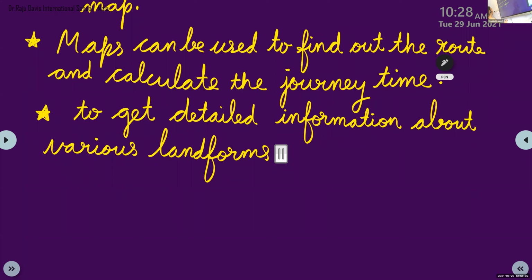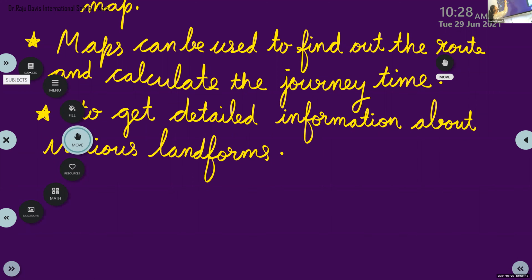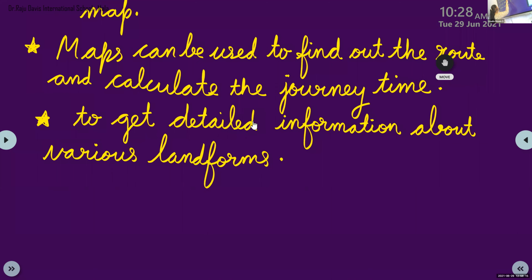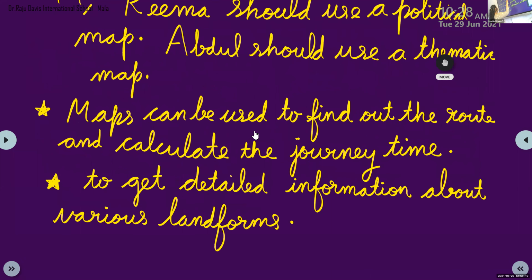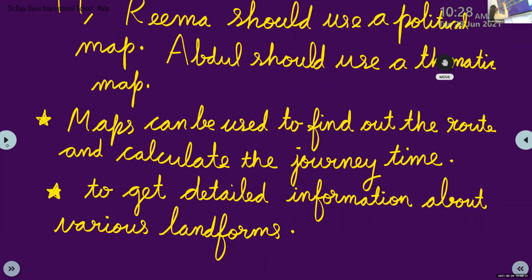Any difficulty to learn? Because I have given it point wise for easy learning by heart. Do you feel it is difficult? No. See, when we are writing point wise, it is very easy to learn and by heart.